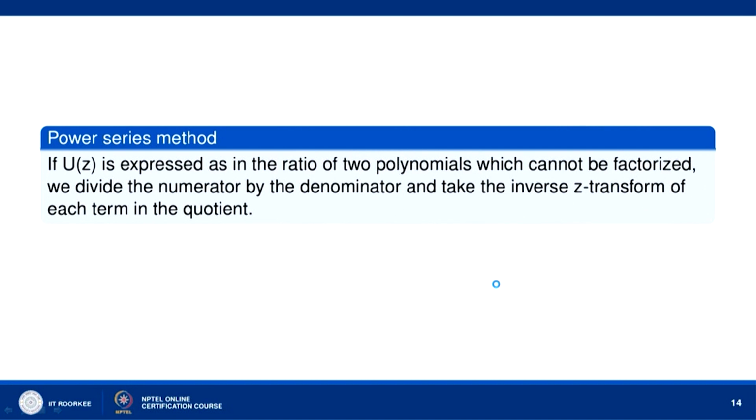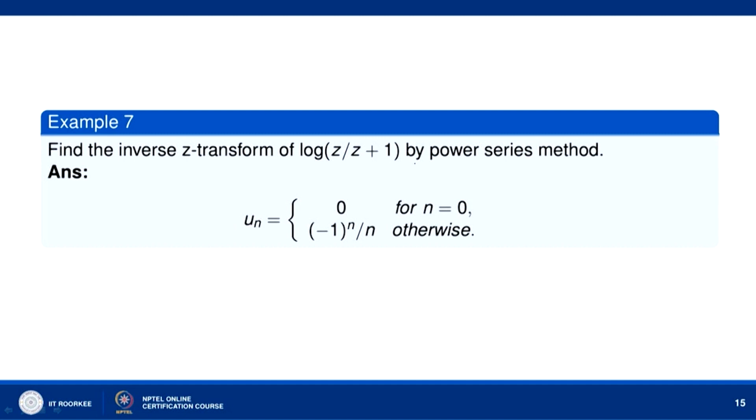Now, if U(z) is expressed in the power series method, we express U(z) in the form of a power series and then take the inverse Z transform. Now, let us consider this log z over z plus 1 and we find the inverse Z transform of this by power series method.